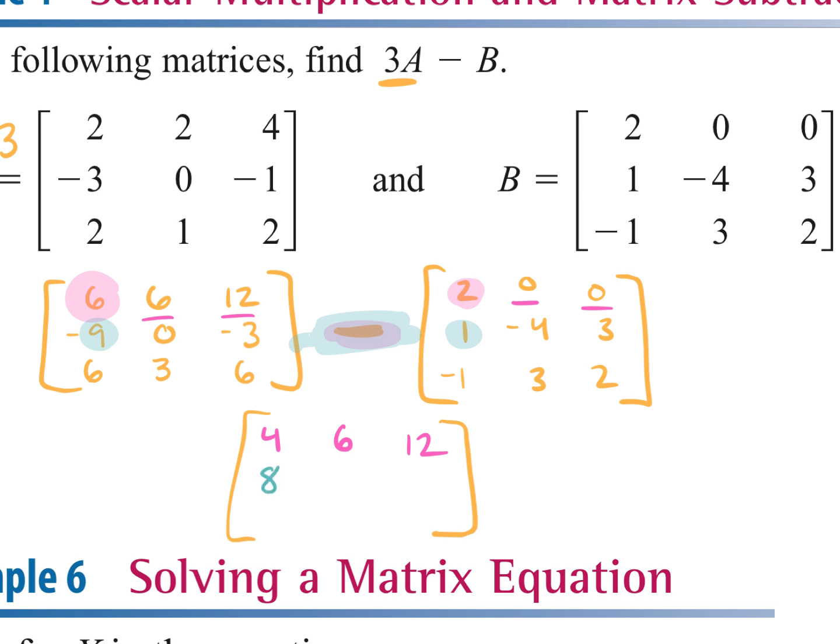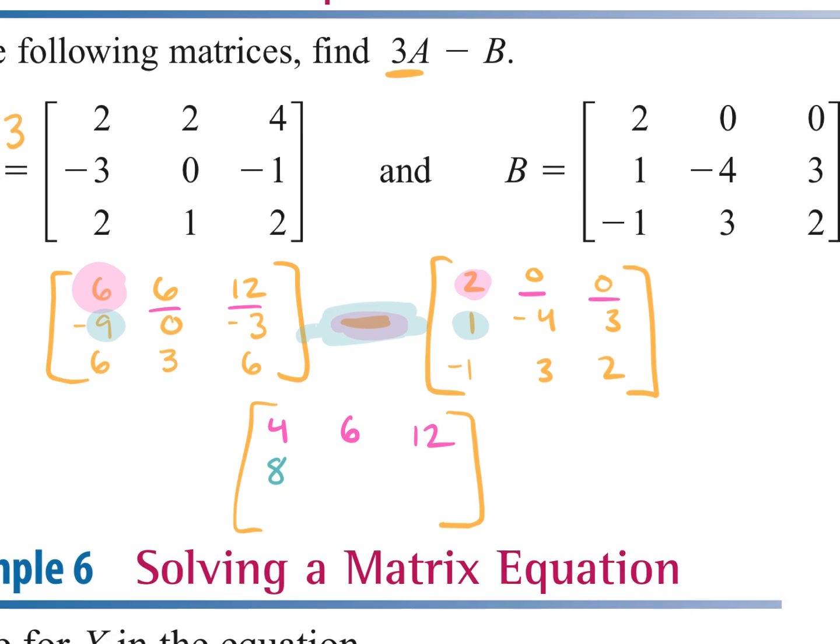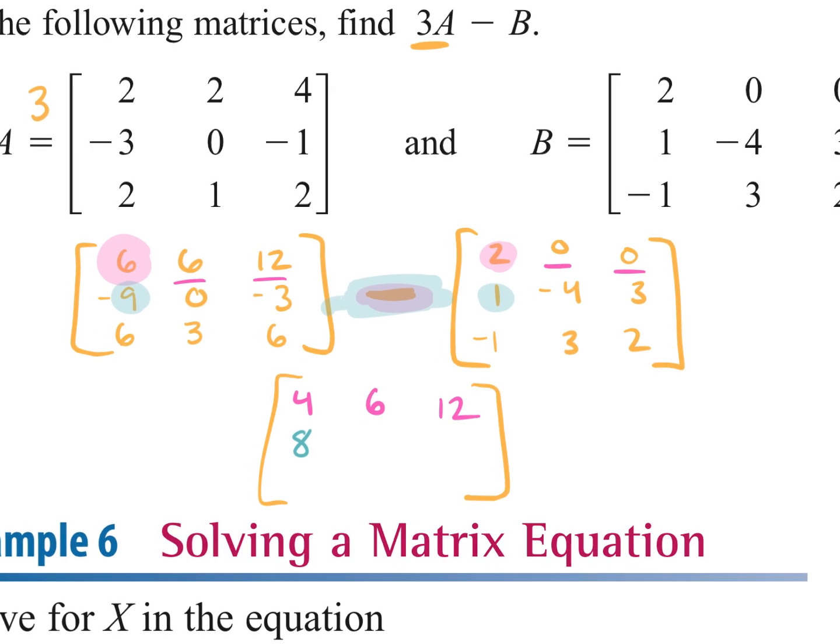Sorry, I missed the negative there. Negative 9 minus 1 would be negative 10, yes. 0 minus negative 4. Positive 4, perfect. And negative 3 minus 3, negative 6, awesome.